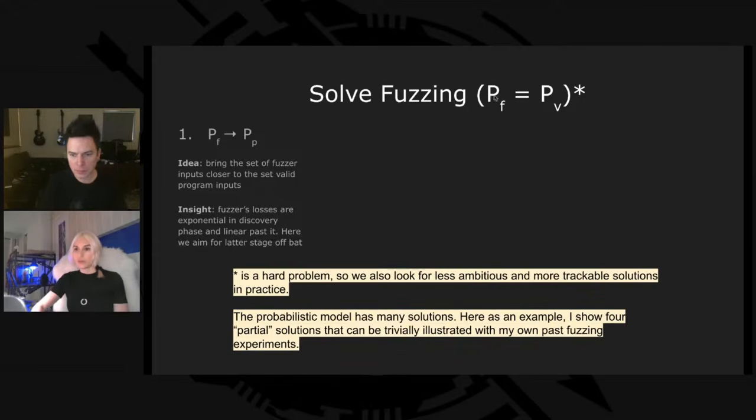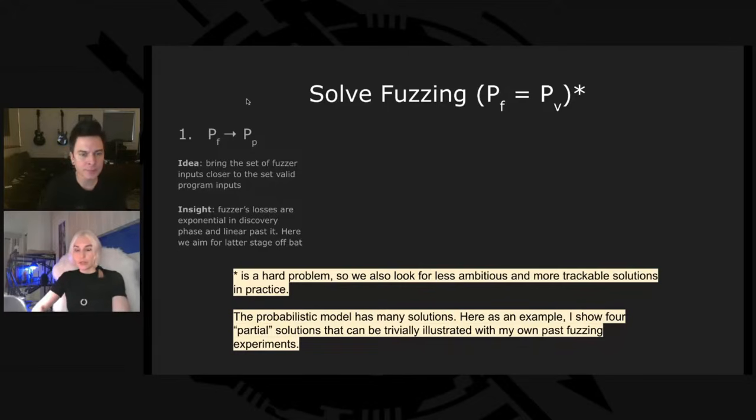As I mentioned previously, our goal is to make the probability distribution of the fuzzer equal to the probability distribution of vulnerability causing inputs. But this is a hard problem, obviously, otherwise fuzzing wouldn't exist. So instead of tackling the hard problem directly, we try to move toward it by looking at more tractable and less ambitious approaches.